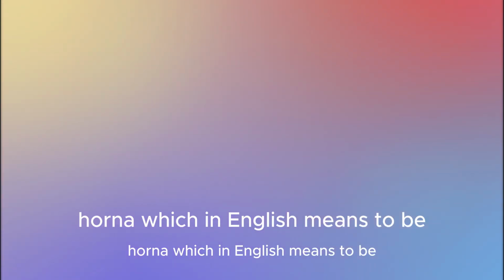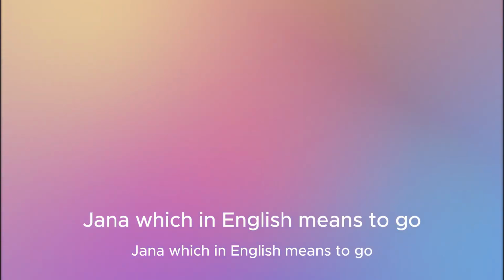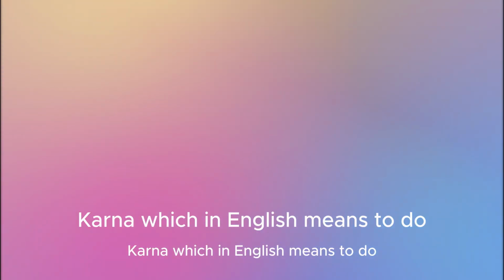Actions. Hona, which in English means to be. Rakhna, which in English means to have. Jana, which in English means to go. Ana, which in English means to come. Karna, which in English means to do.